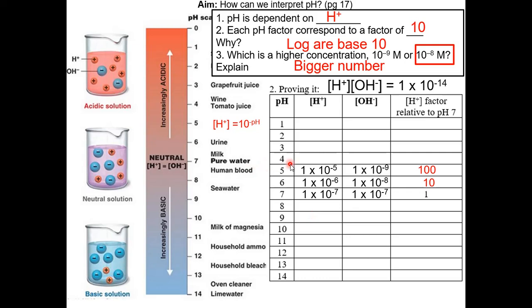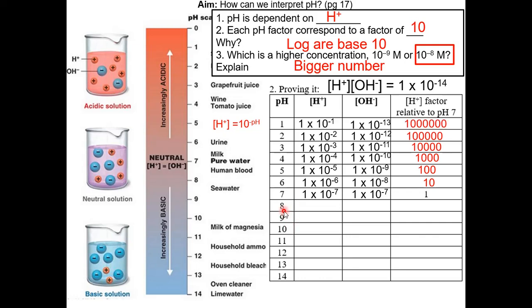At pH of 4, the H plus concentration is 10 to the negative 4, and based off this equation, the hydroxide ion concentration is 10 to the negative 10. If we compare the hydrogen ion concentration of pH 4 and 7, it is a factor of 1,000. That means pH of 4 is 1,000 times more acidic than pH of 7. We can complete the rest of the table using this pattern.